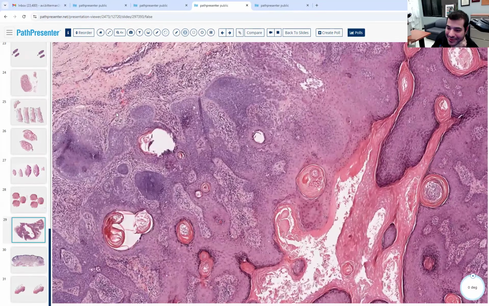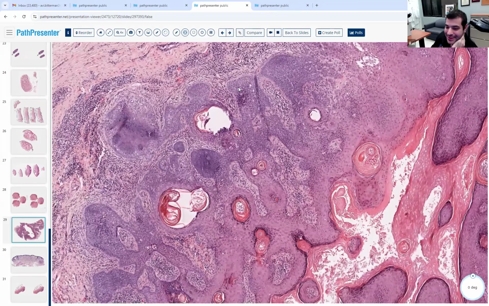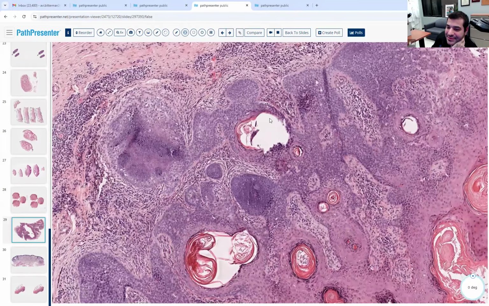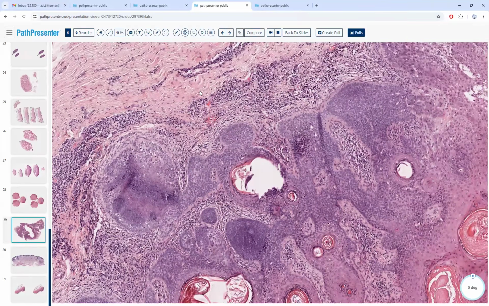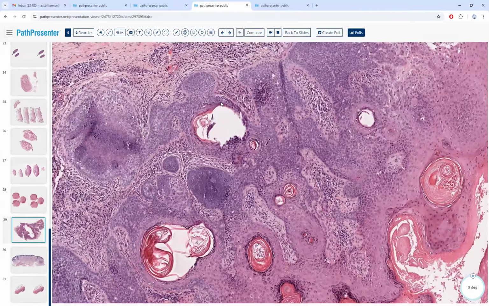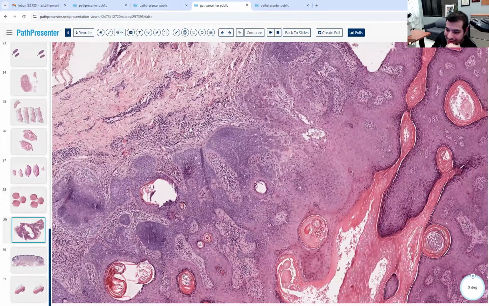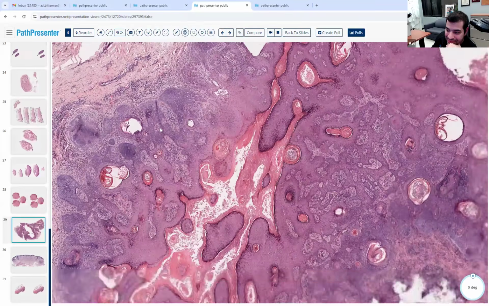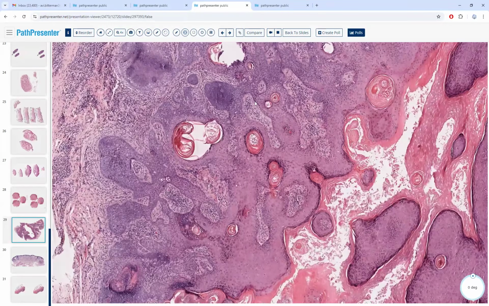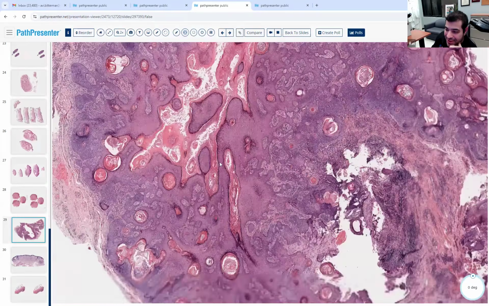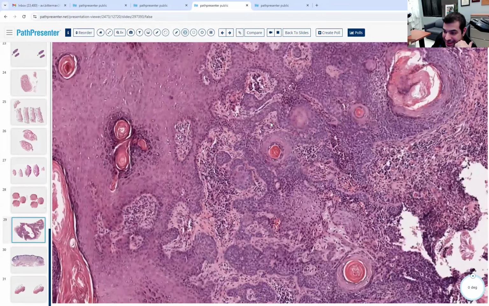Keratinizing, and what are we differentiating towards? Does it remind you of any normal part of the hair? Matrix? Okay, there's matrical material here. What else is there? Trichohyalin? There are some areas of trichohyalin in this entity.